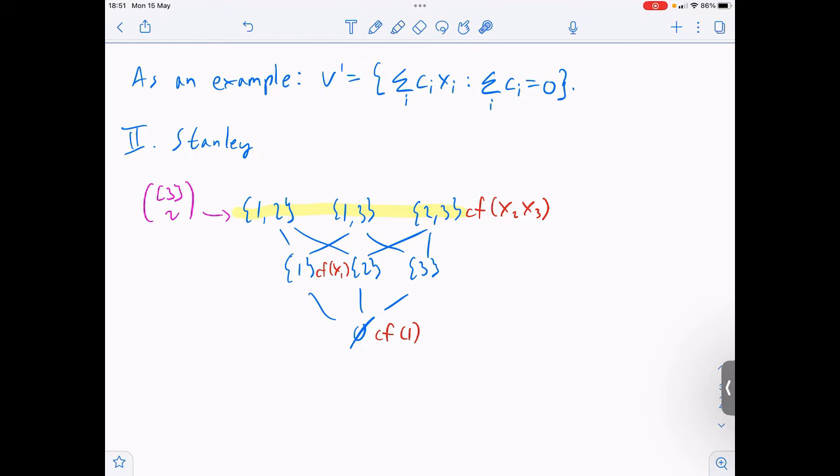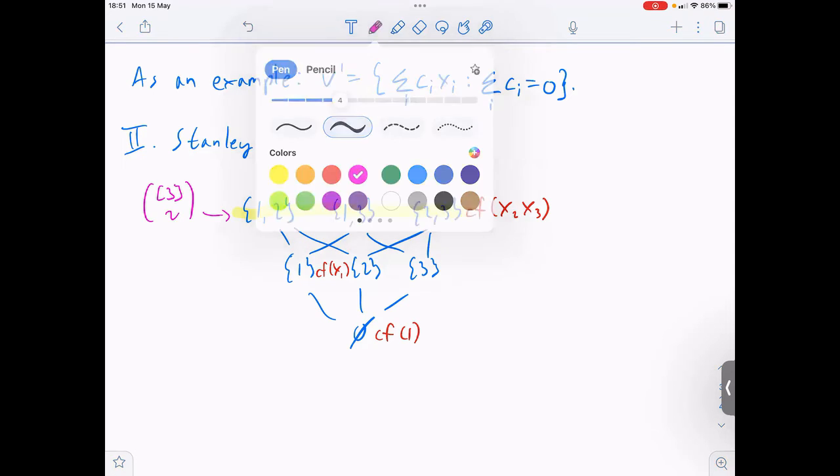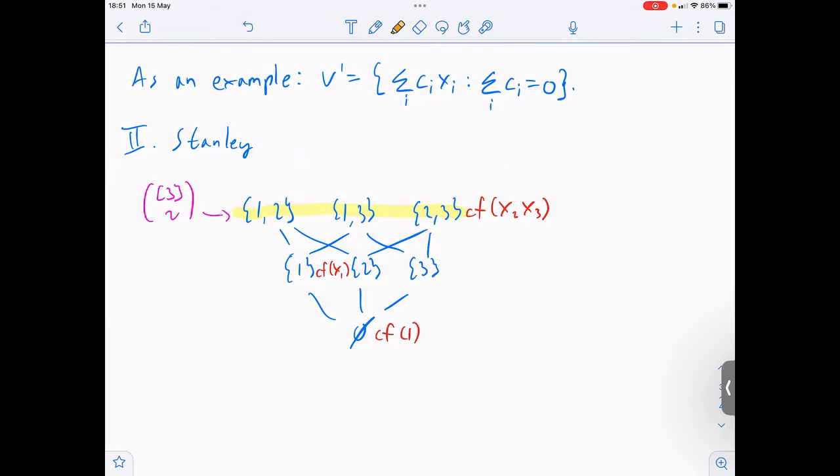So let's pick, for example, this guy. What is the function on this level which corresponds to this guy? This is all the points which lie above it. So if we're working here, this is our domain, and we're looking at the function x3. And the function x3 is equal to 1 on all the sets containing 3 and 0 otherwise. Okay, so this is just another way of thinking of polynomials.